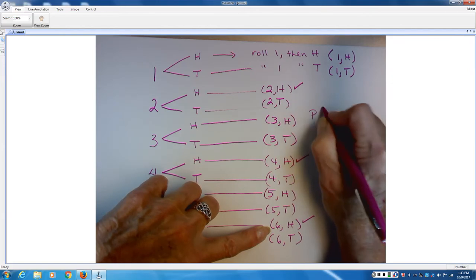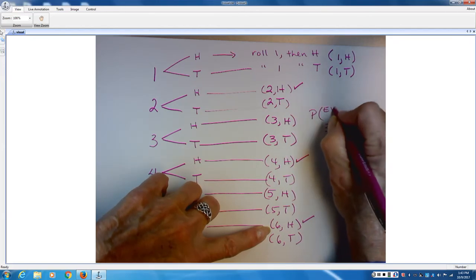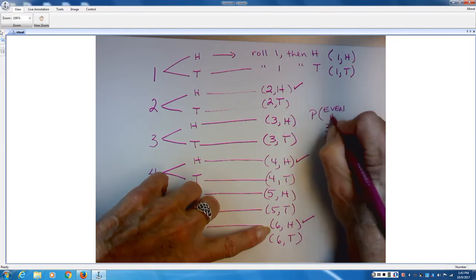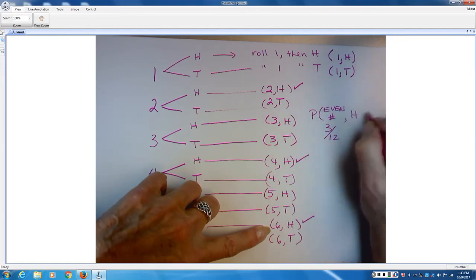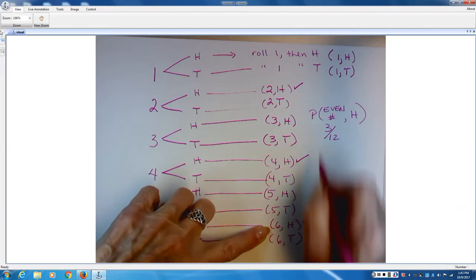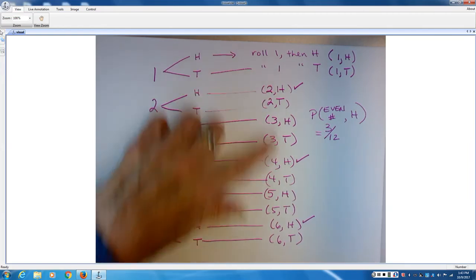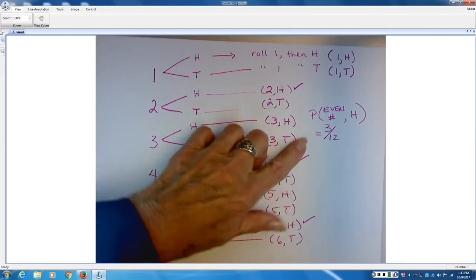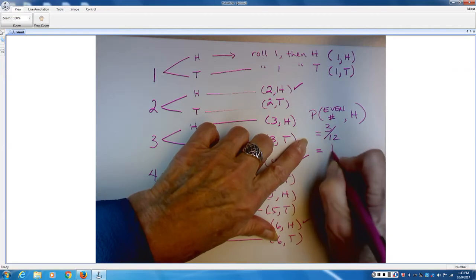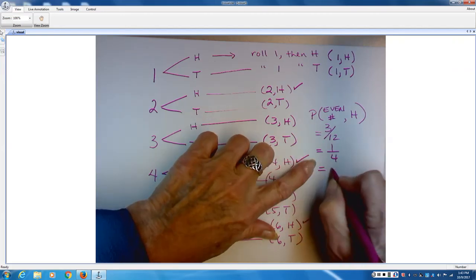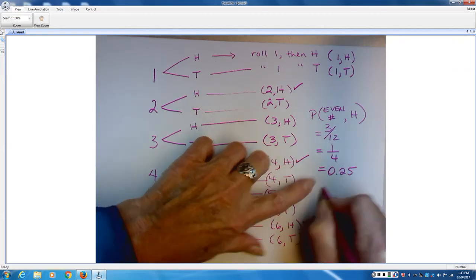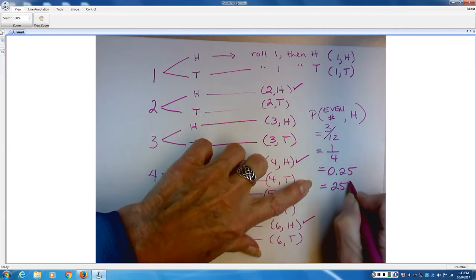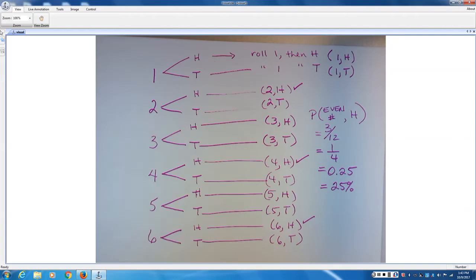What's the probability of an even number and then a head? And that happens 1, 2, 3 different ways. So that will be 3 out of 12, which is the same as 1/4, which is the same as 0.25, which is the same as 25%, and all of those answers are perfectly good.